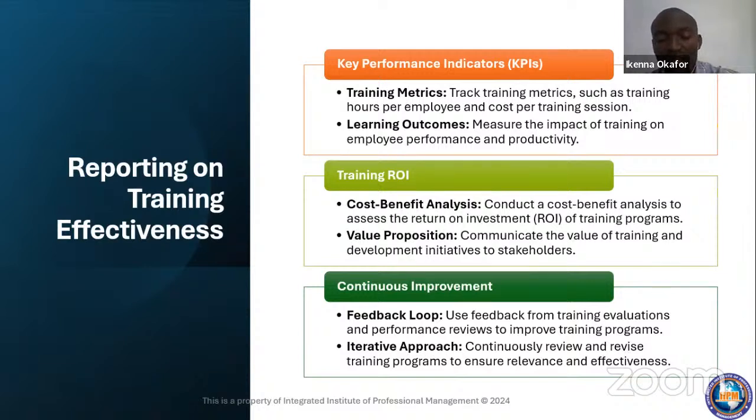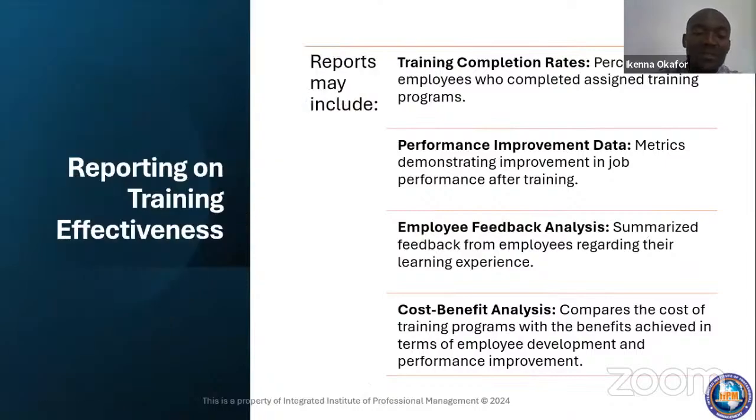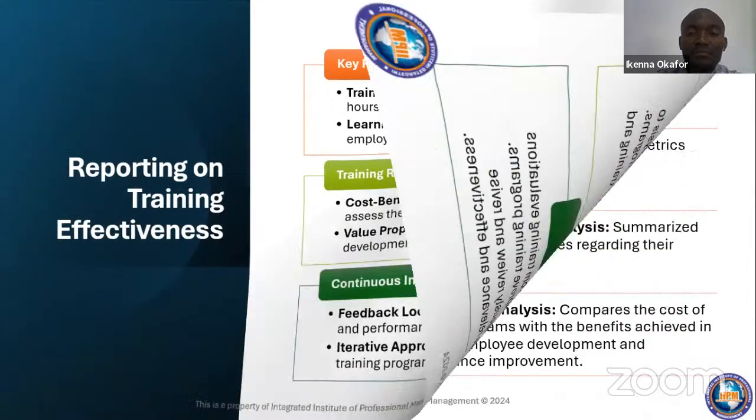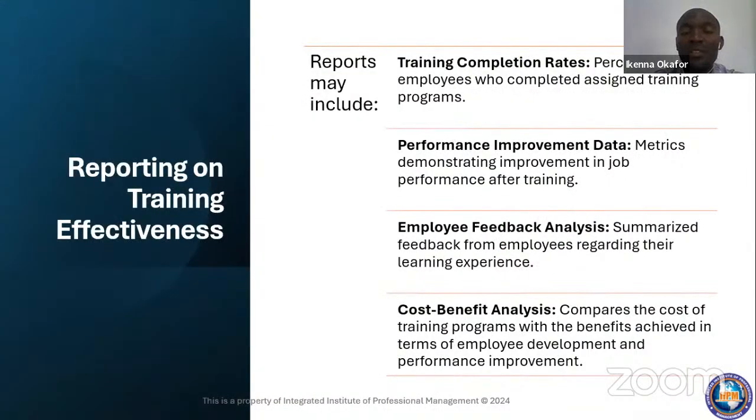Continuous improvement: use feedback from training evaluations and performance reviews to improve other training programs. Iterative approach: continue to review and revise training programs to ensure relevance and effectiveness. Reporting.